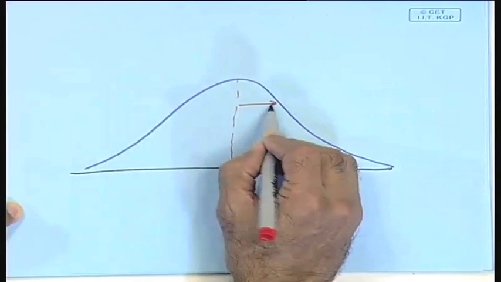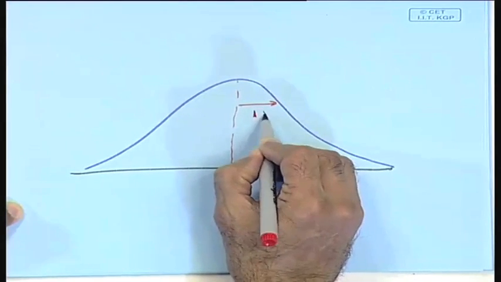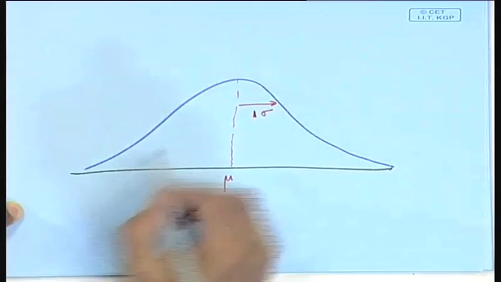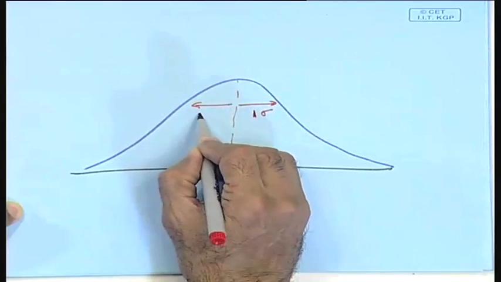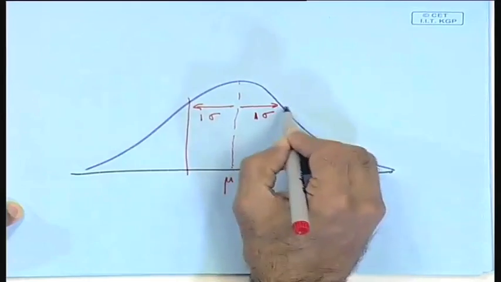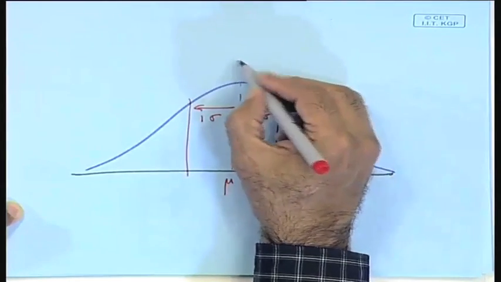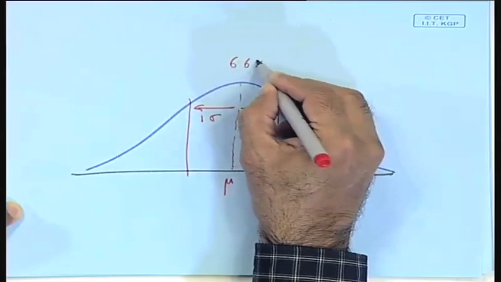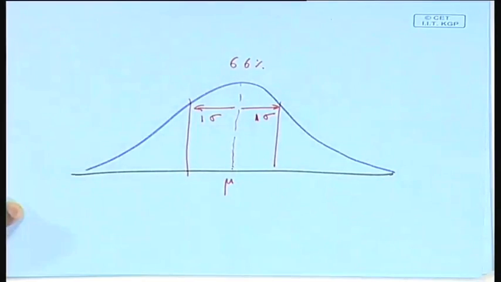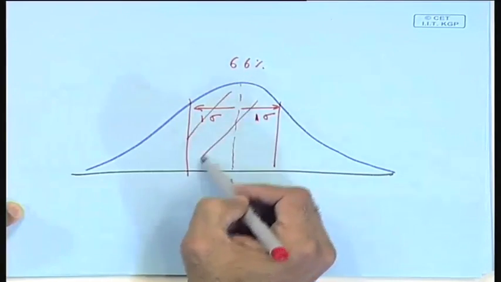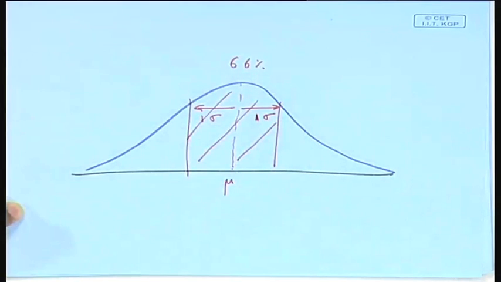It turns out if you look at the distance of 1 sigma, 1 sigma this way and 1 sigma this way, this area contains 66% of all the points.